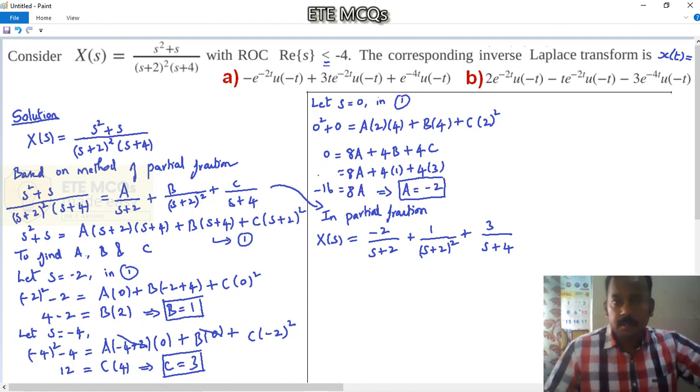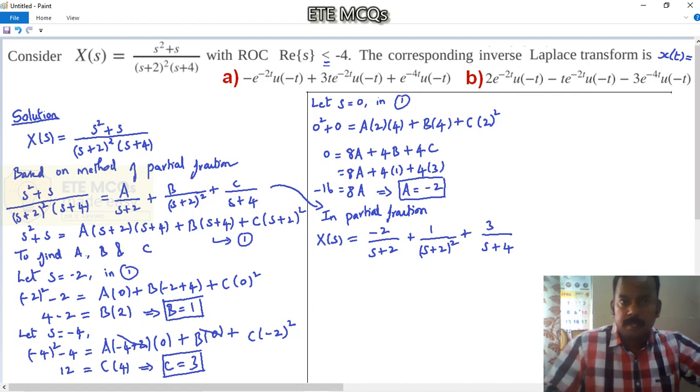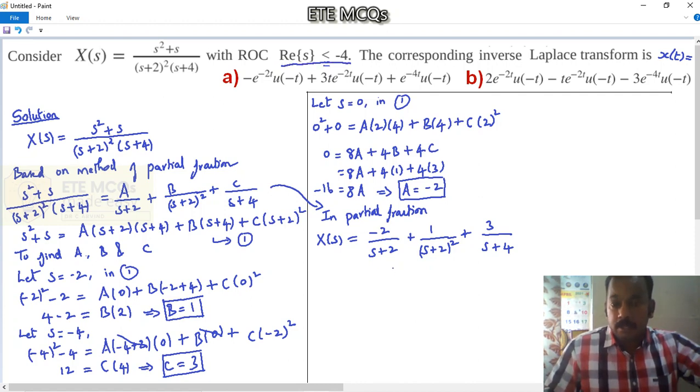So this is what we have for X of s. And moreover, we want the inverse to satisfy this ROC condition. It should comfortably satisfy this ROC condition. So all the three inverses should correspond to a left-sided sequence. Let us see the formulas of Laplace transform that are associated with a left-sided sequence.